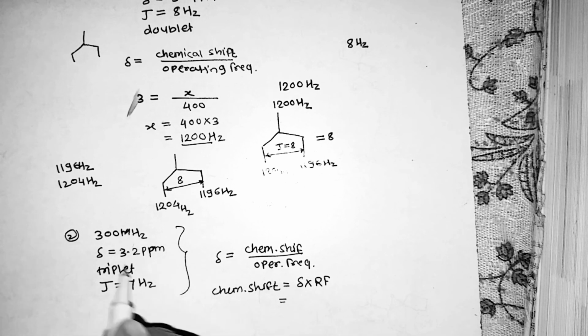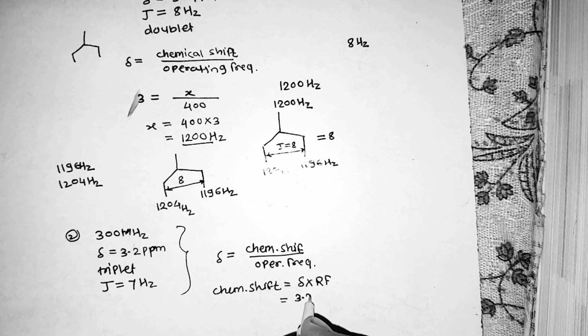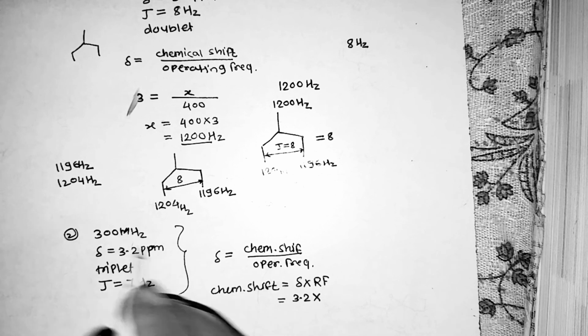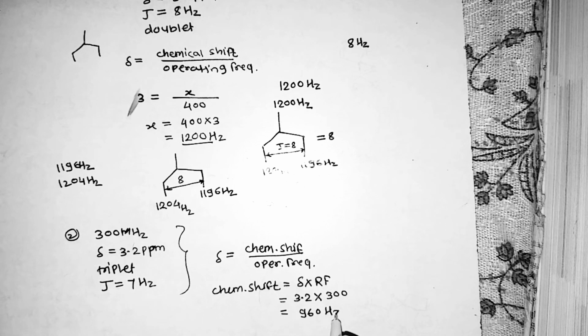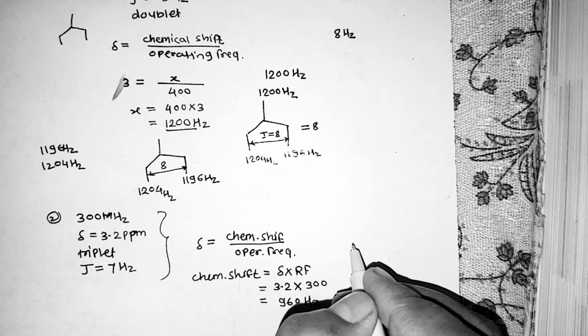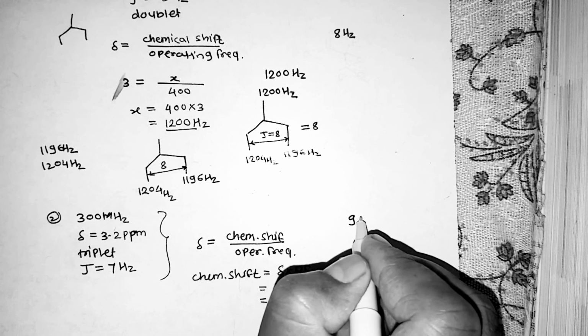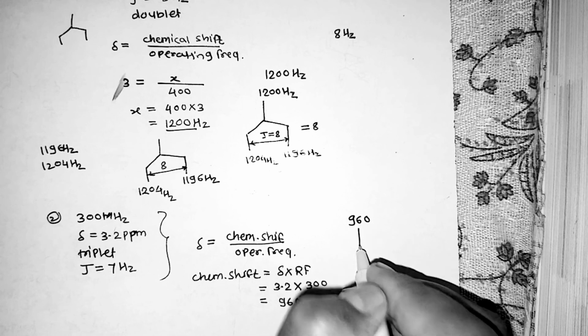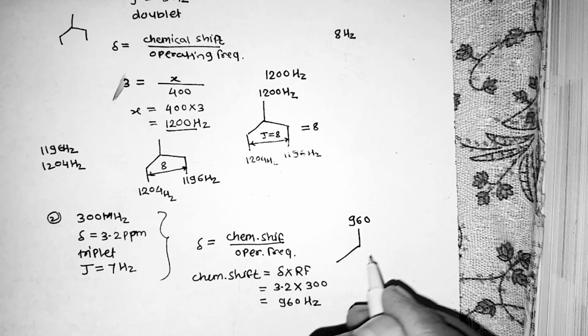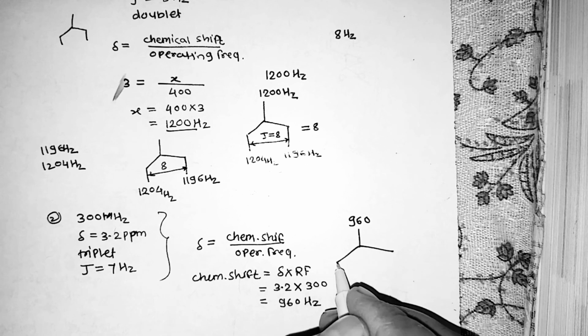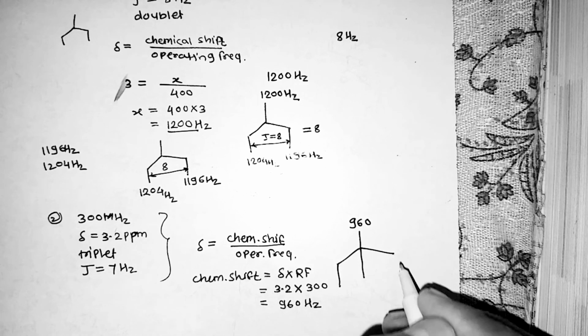So delta value is given, that is 3.2, into radio frequency, which is also given, 300. It is 960 hertz. So the signal appears at 960 hertz as a single line, and then this single line splits into three lines.